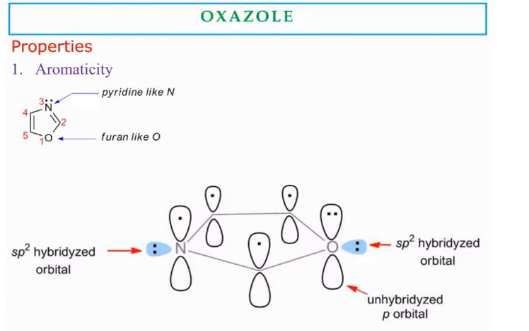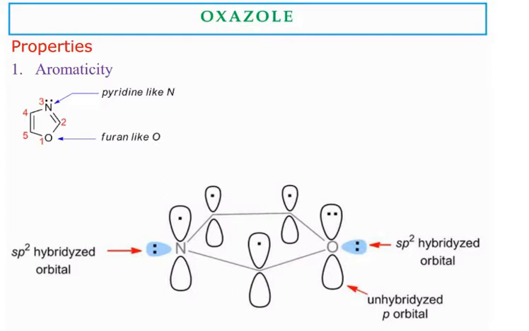You know the furan is also a heterocyclic compound and pyridine a 6-member heterocyclic compound. So nitrogen of Oxazole resembles the nitrogen of pyridine and oxygen of Oxazole resembles the oxygen of furan. Oxygen's position 1 and nitrogen position 3.